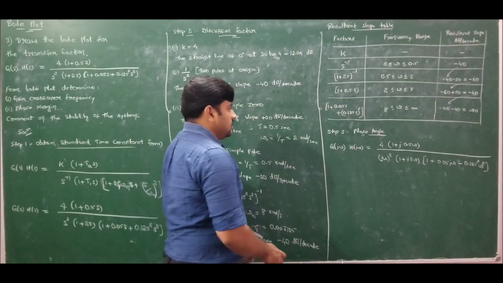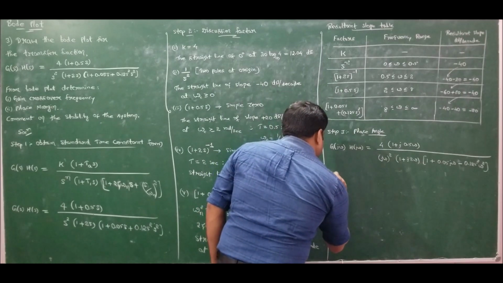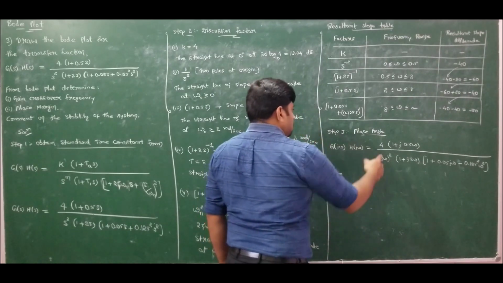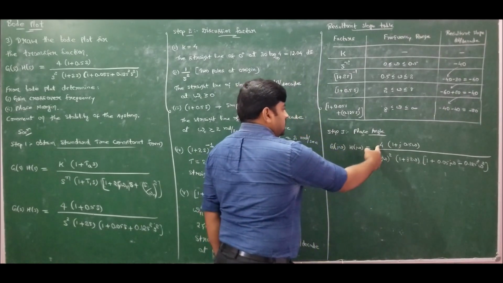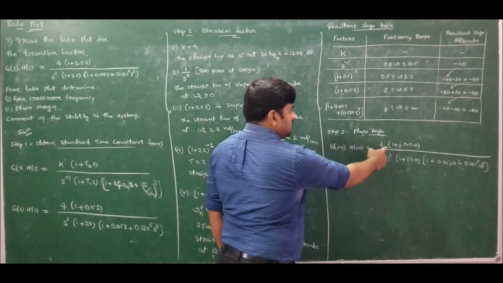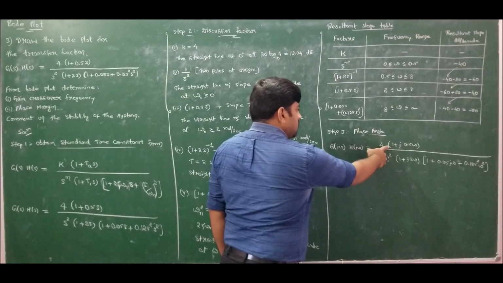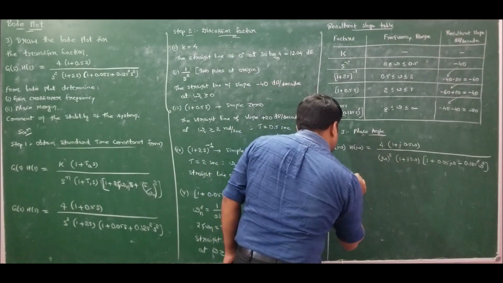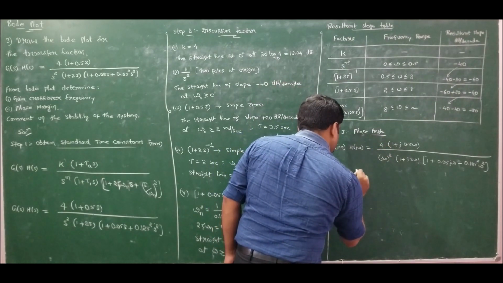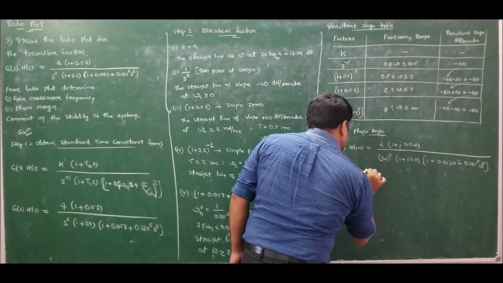So hence I can write the phase angle plot phi as, here the constant is 0 degree. No worries. Here I have simple zero, therefore it is plus tan inverse of 0.5 omega over 1, imaginary part over real part.